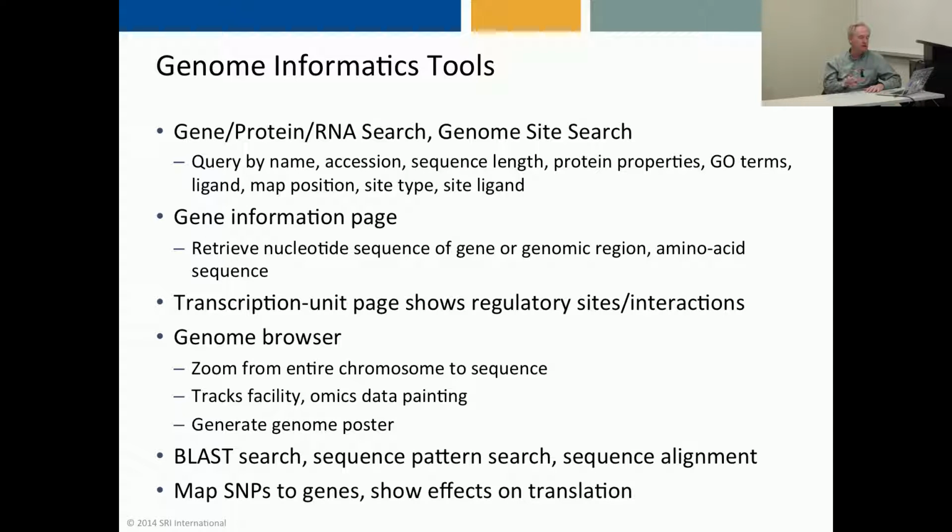There are genome informatics tools that the user can use to search the genome component of the database, like a gene and protein search, a set of search tools. There's a gene information page that the software will generate. There's a genome browser that lets the user browse through the entire genome of the organism visually. And then there are various sequence search and sequence alignment tools as well.